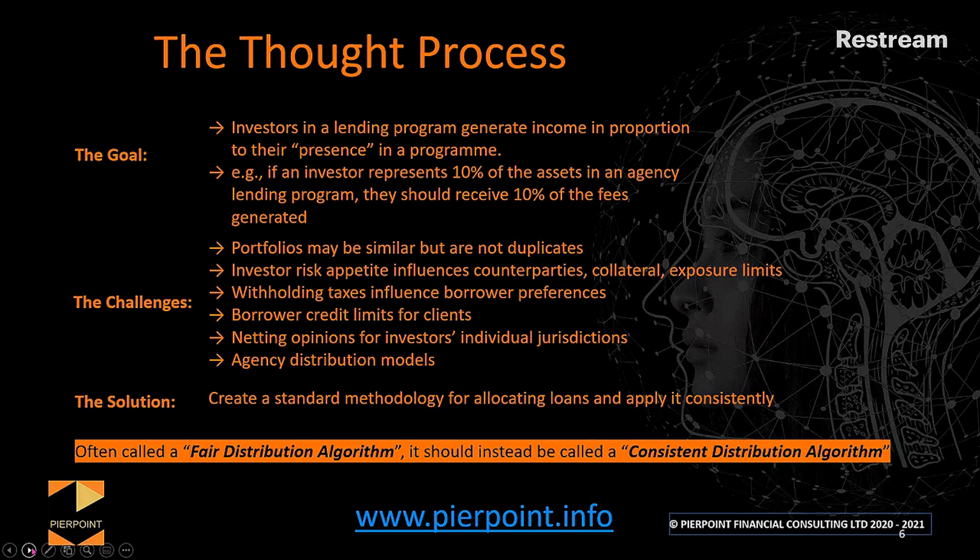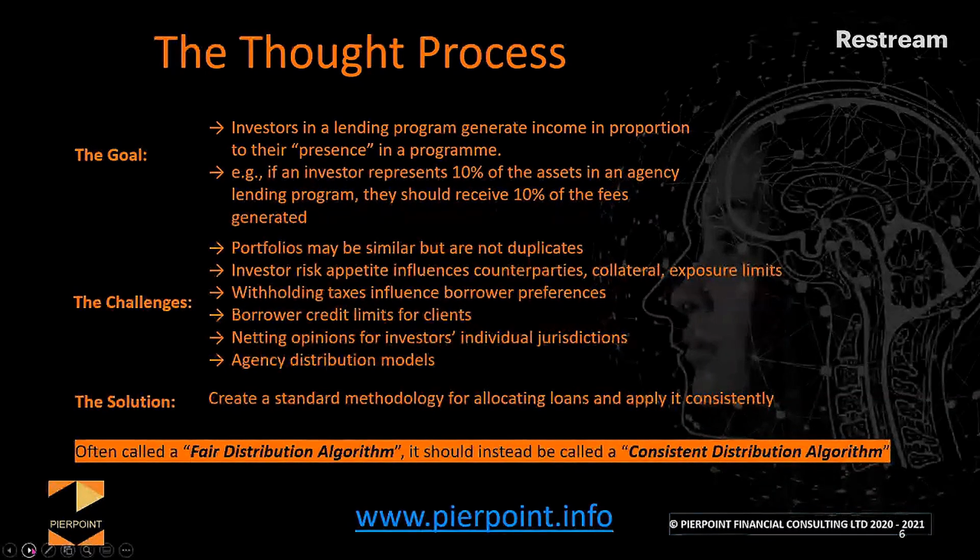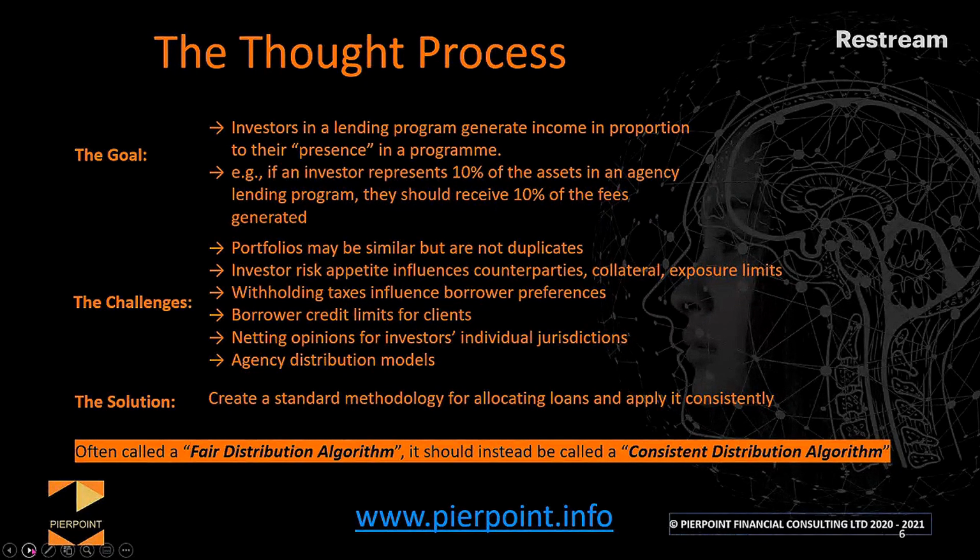Again, an investor that has a more narrowly defined collateral pool will make less money than an investor that has a broader range. And of course, some investors will have exposure limits. So even if they're willing to deal with all of the counterparties, they may say that we don't want to ever have more than X for this borrower, that borrower, or all borrowers. So there's lots of differentiation, but that's investor risk appetite.